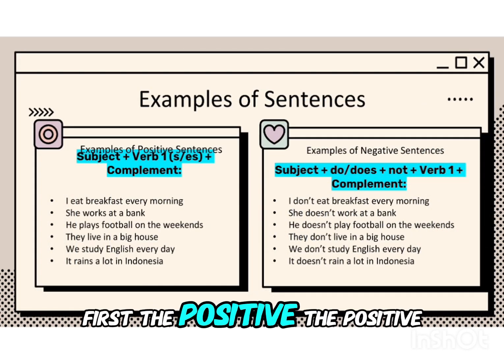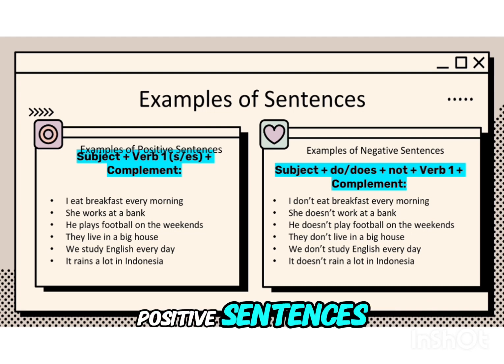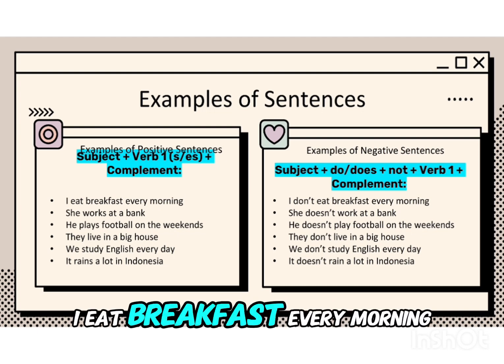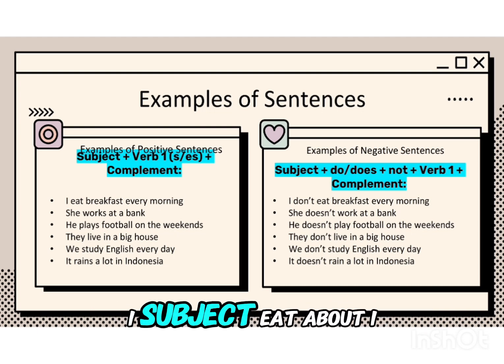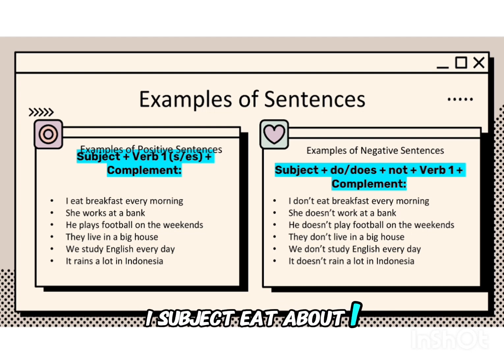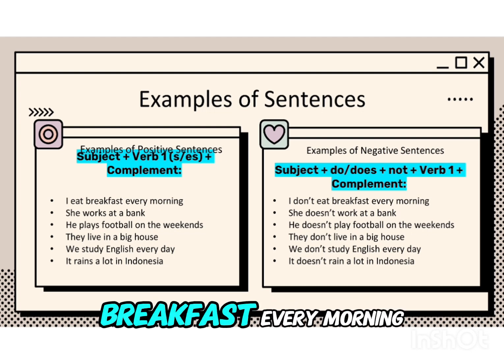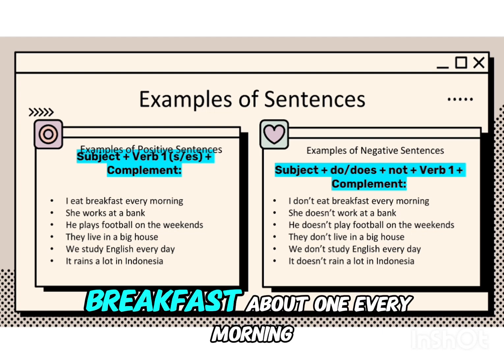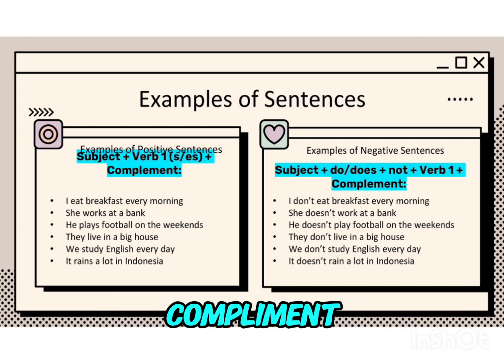First, the positive sentences. Subject plus verb 1 s or es plus complement. I eat breakfast every morning. I, subject, eat, verb 1, breakfast every morning, complement.